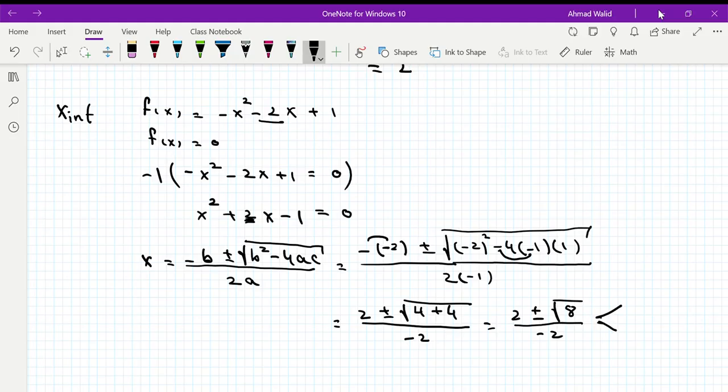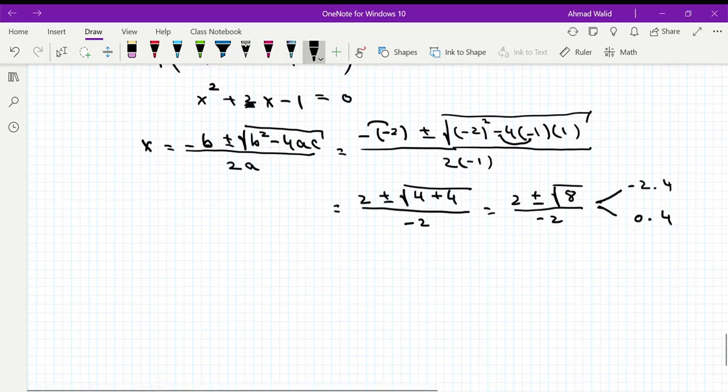The first one is negative 2.4, if you simplify here, and the other one gives you approximately 0.4. These are your x-intercepts. They are not exact because we use approximation here, correct? It means the graph is just passing through these 2 points.